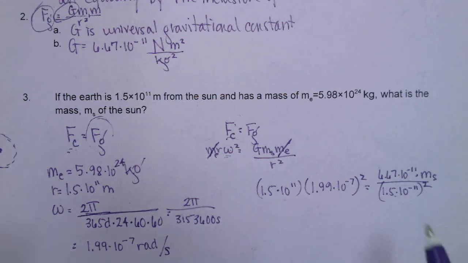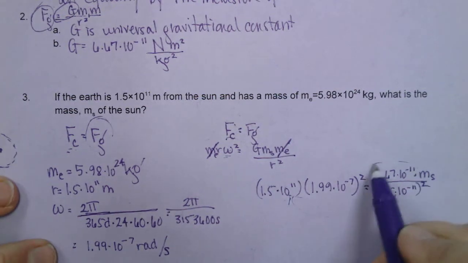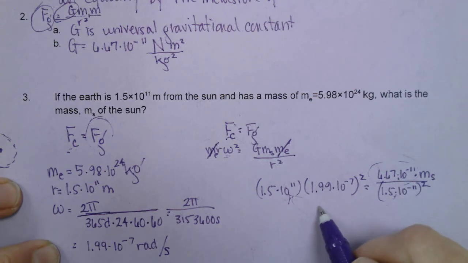So what I have to do is move it over by multiplying both sides by 1.5 times 10 to the negative 11 over 1, quantity squared rather, over 1. And I'm also going to move this at the same time by dividing both sides by that.